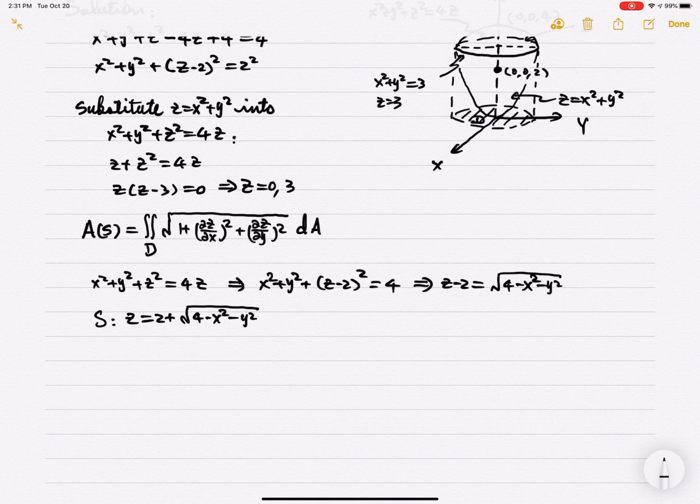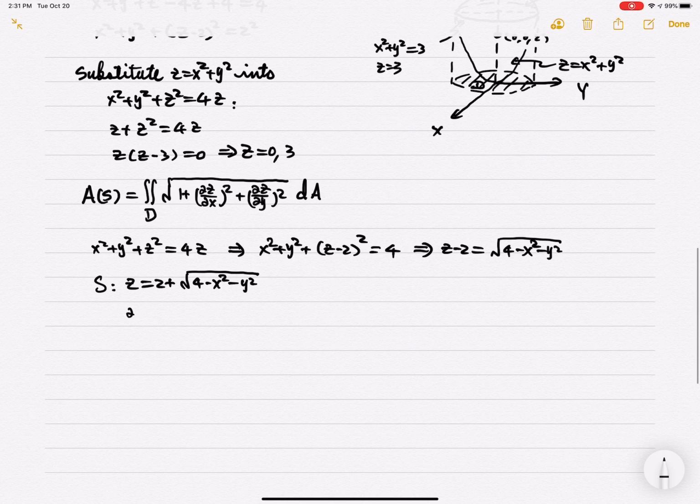Then partial z partial x: the constant has derivative 0, so you calculate the derivative of root 4 minus x squared minus y squared.